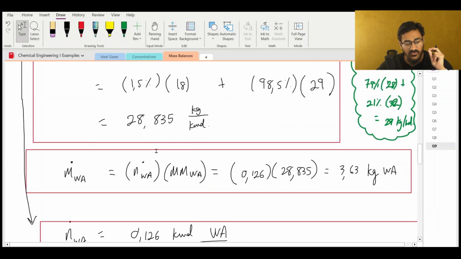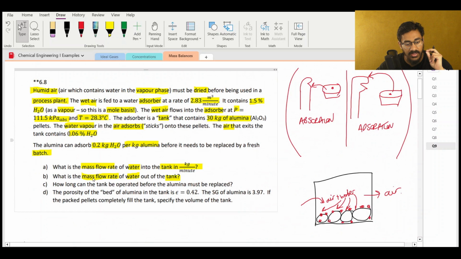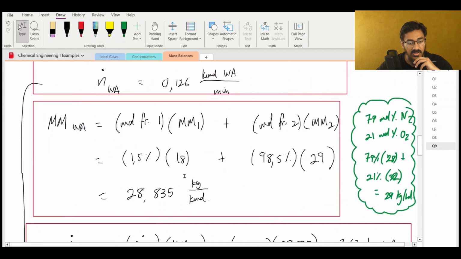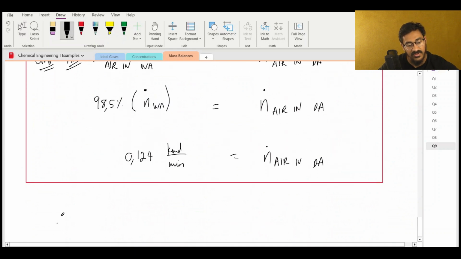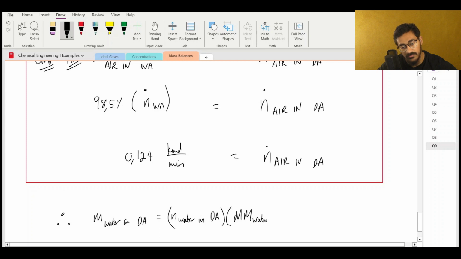But did the question ask me to find how much water is in the dry air stream? Yes, but they asked me to find how much water in mass flow is in the dry air stream. So now I've got to convert this number of moles right here into a mass. So as my final step, I know that the mass of water in the dry air stream is equal to the number of moles of water in the dry air stream multiplied by the molar mass of water.